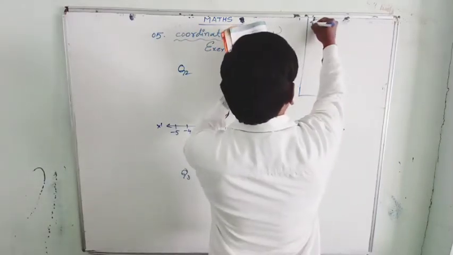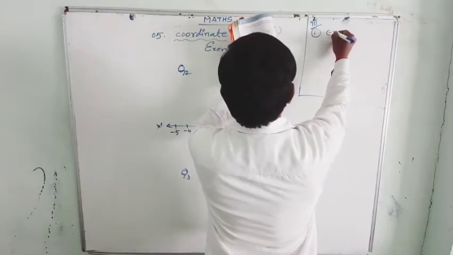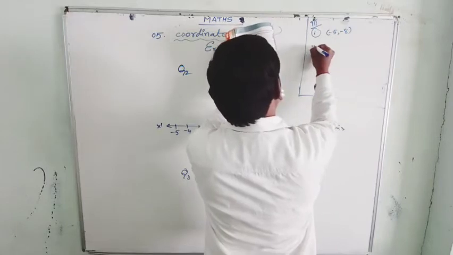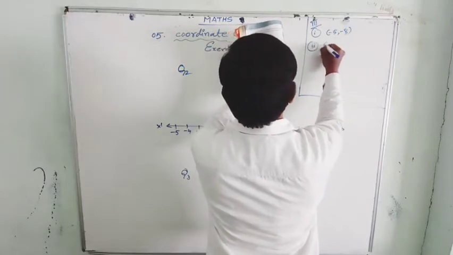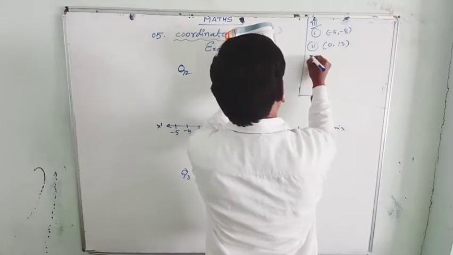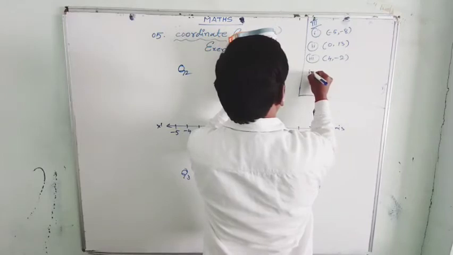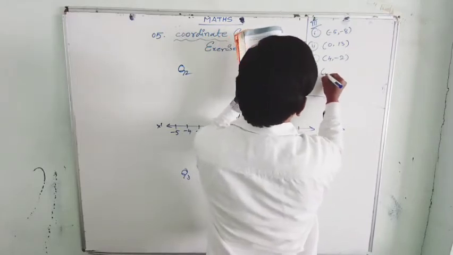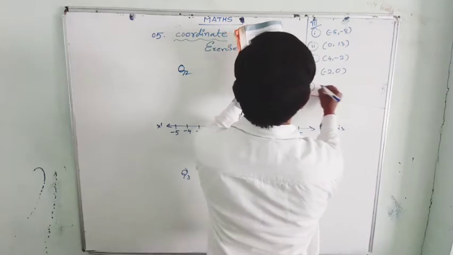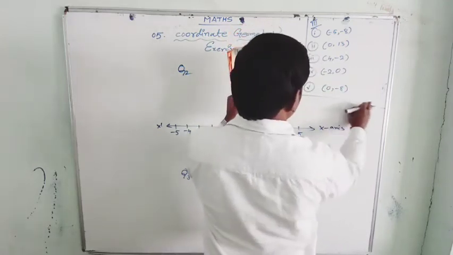First question, -5 comma -8. Second question, 0 comma 13. Third question, 4 comma -2. Fourth question, -2 comma 0. Fifth question, 0 comma -8.